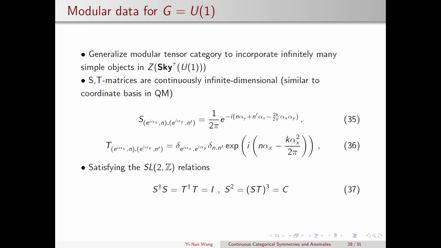We can use some delta function and define these infinite dimensional matrices similar to operators in quantum mechanics. Say you quantize things on the line in a coordinate basis, it's a similar thing. And the ST matrices also satisfy the SL2Z generator relations in this nice way.